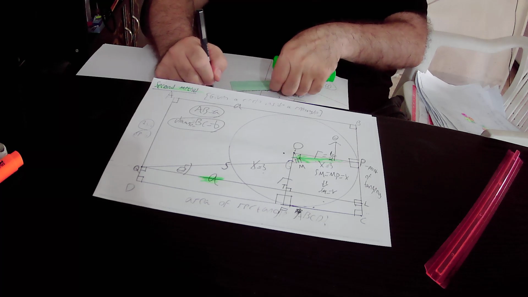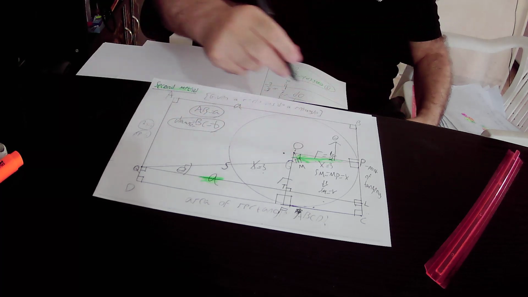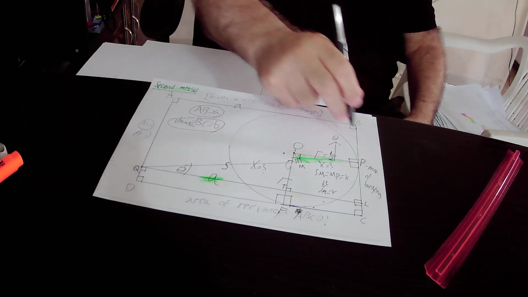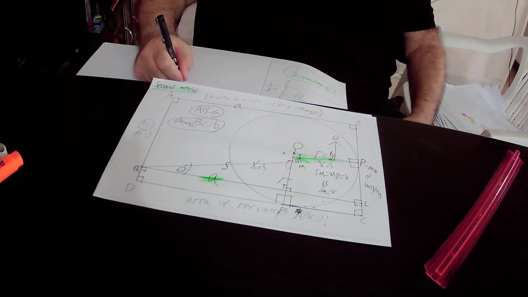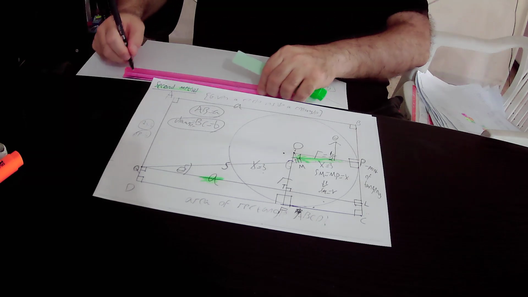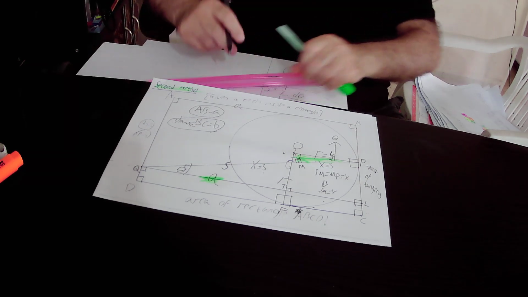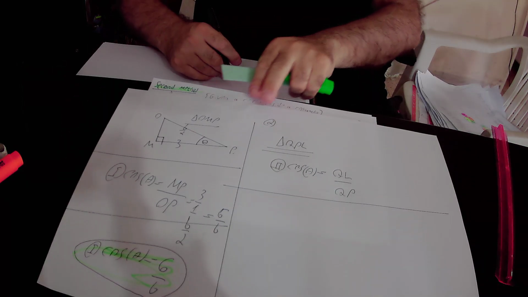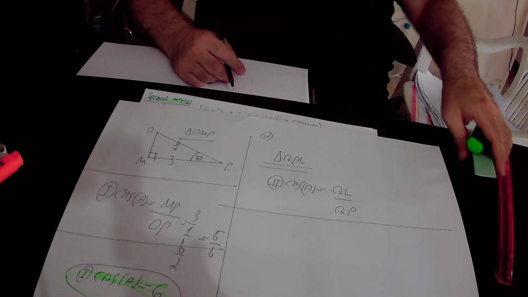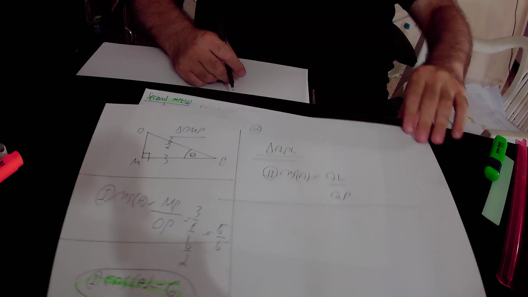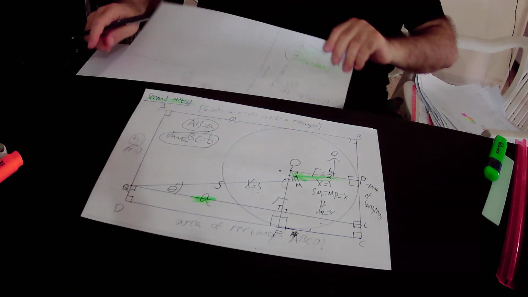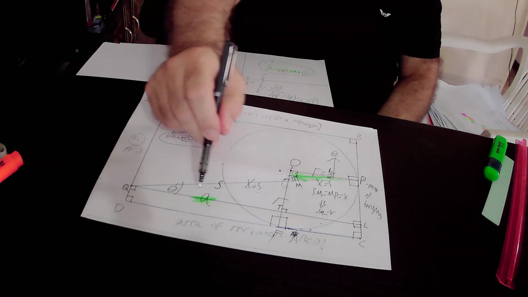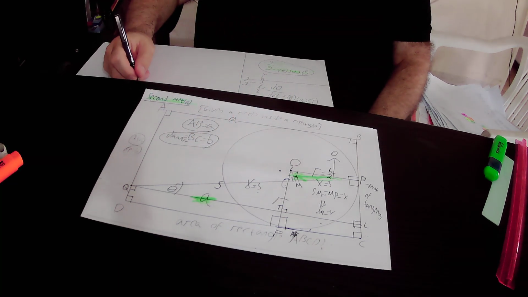Cosine theta equals QL over QP. Repeat again: in the big right triangle QPL, cosine theta equals QL over QP. We have already found out that QL equals A, so we substitute QL by A.